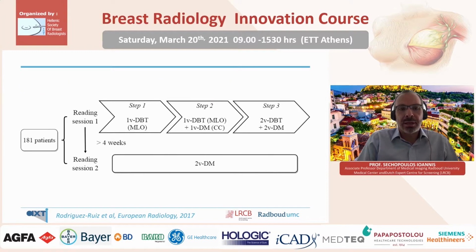We also did a retrospective study in which we had radiologists from two sites, from our side here in the Netherlands and also from the Malmo team, read the same 181 cases with one view tomo, then one view tomo plus one view mammo, then the full-blown 2 views of each, and then separately the 2 views of mammography.